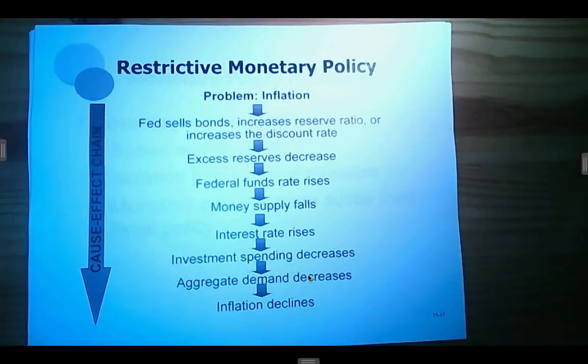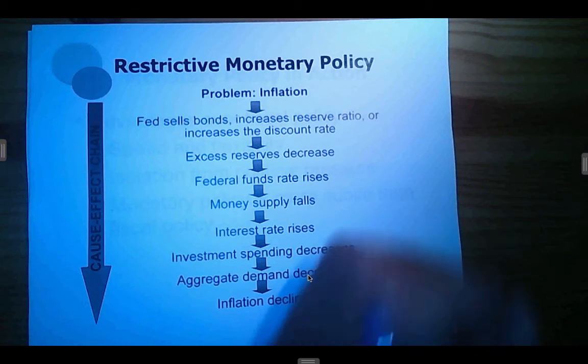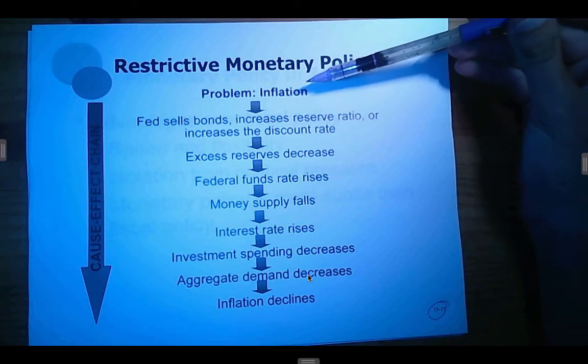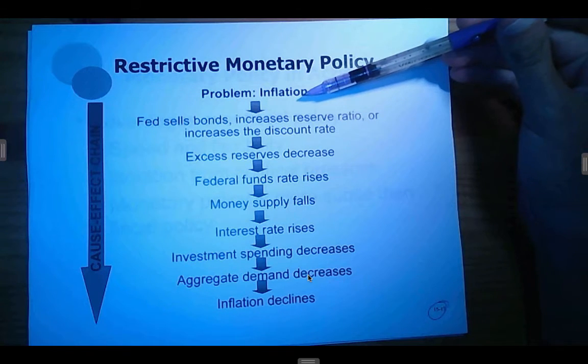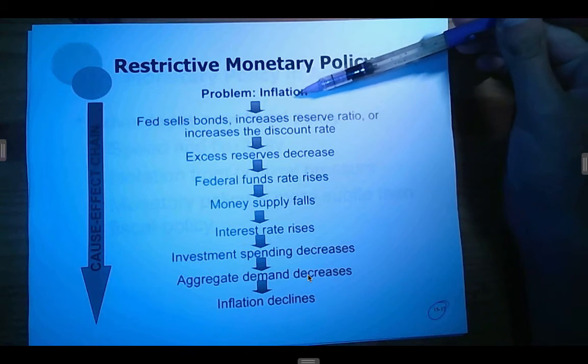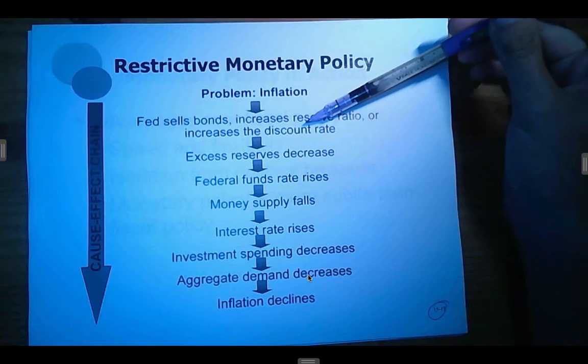And the next slide is the reverse situation, also an important slide, slide 17. The Fed could realize that inflation levels are too high, and as it realizes that, it does one or all three of these things: sells the bonds or increases the reserve ratio or discount rate.